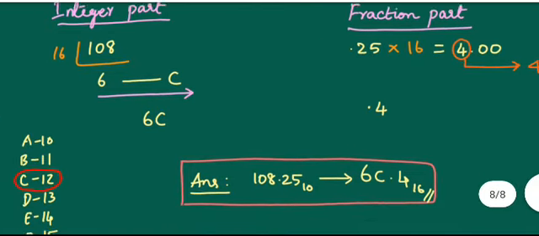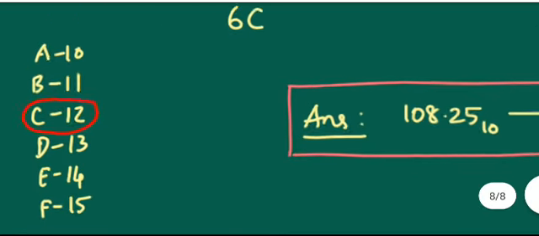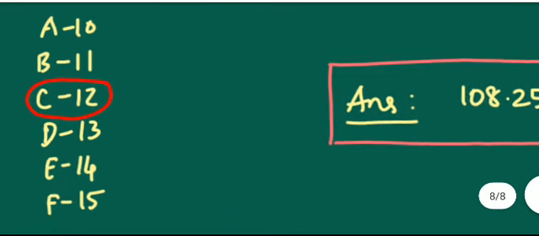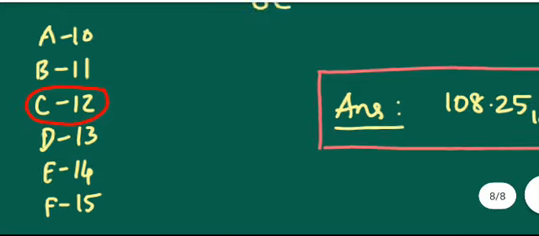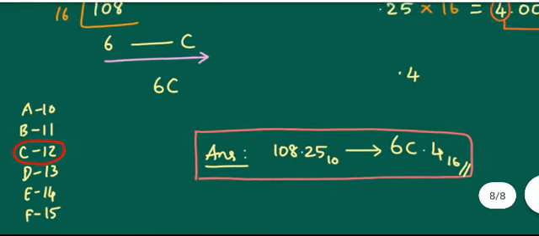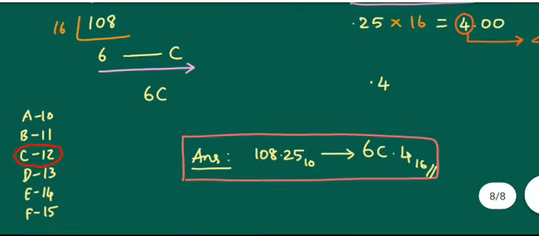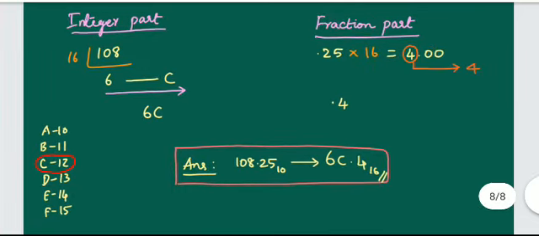Instead of 12 you write C. Here A means 10, B means 11, C means 12, D 13, E 14, F 15. These are the hexadecimal values we know. So C in place of 12, writing from bottom to top, 6C is the integer part.